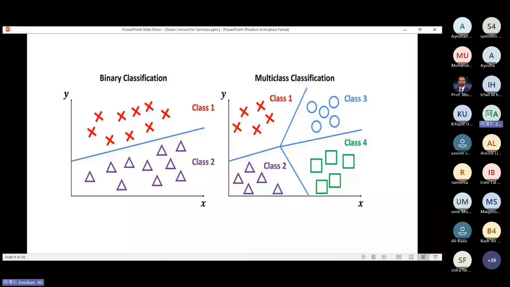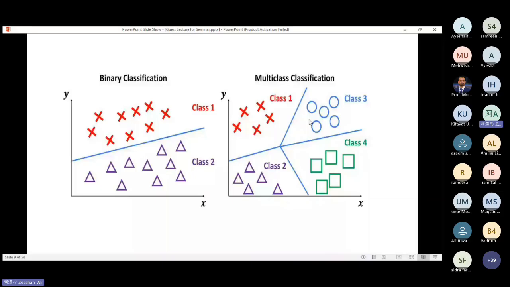If we have two different types of clusters in the form of plus signs and triangles, and we have divided them with the help of a line into different classes, class 1 and class 2, it is called binary classification. And sometimes we have four different types of clusters to divide into four different categories according to their structures and shapes. It's called multi-class classification.